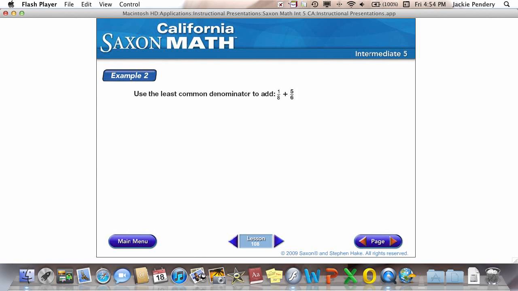Okay, use the least common denominator to add 1/8 and 5/6. So the first thing I need to do is find my least common multiple of 8 and 6.